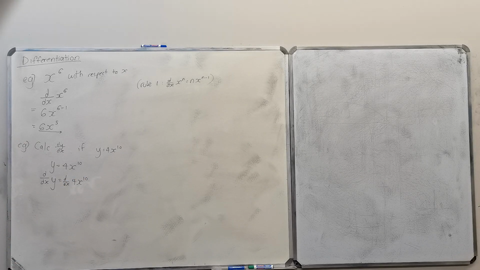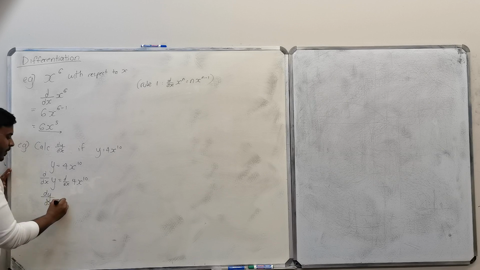All I did was introduce d over dx on both sides. This here will become dy over dx. Anybody confused about this? Fine. So we got it in the form that they wanted, to differentiate y with respect to x.